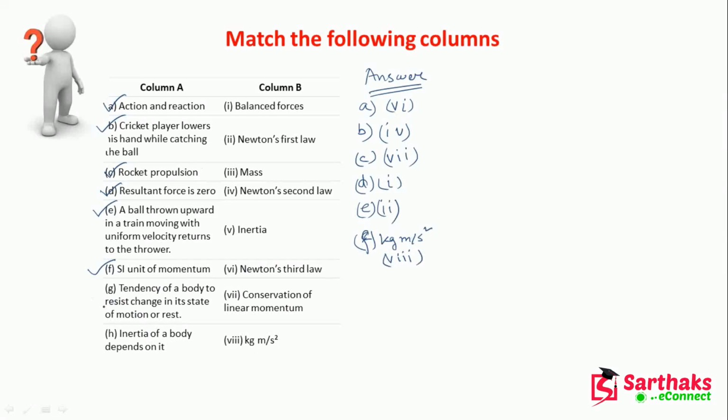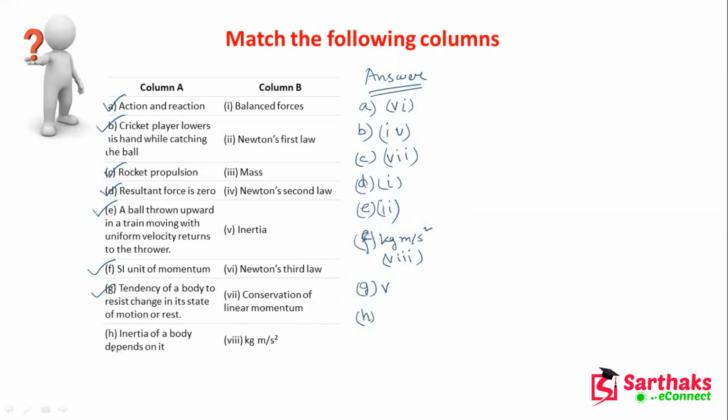Next is G. Tendency of a body to resist change in its state of motion or rest. That is called inertia. Inertia does not allow a body to change its state.